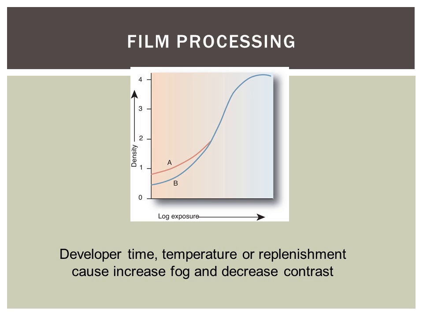A increases fog, which raises the toe and decreases the slope, which decreases contrast. The developer time, temperature, or replenishment causing an increase in fog therefore decreases contrast. Developer contamination from fixer causes more fog, which means decreased contrast because of the pH change in the solution.